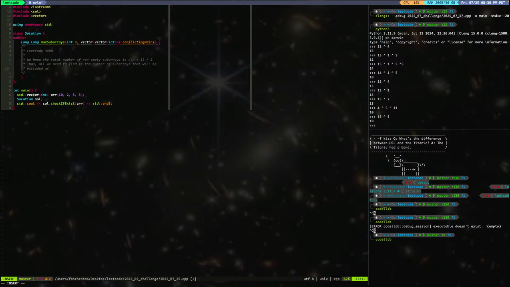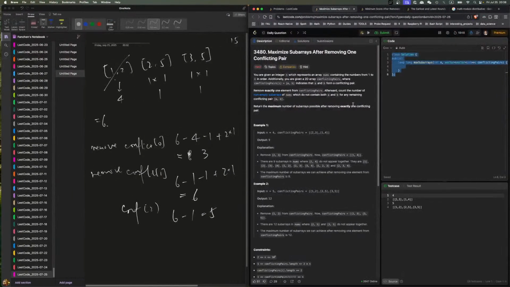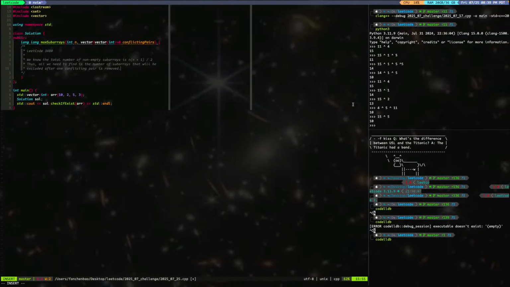Excluded after one conflicting pair is removed, right? Yeah, after one of them is removed.